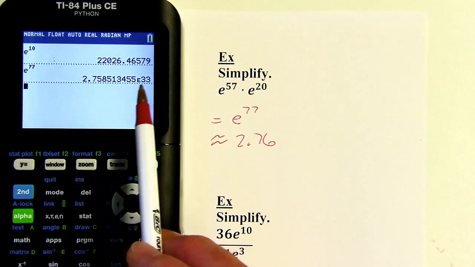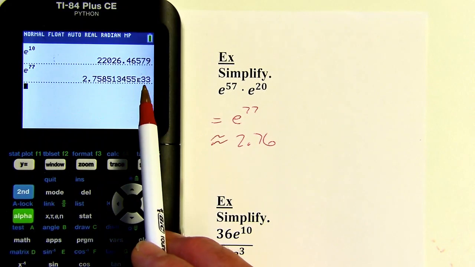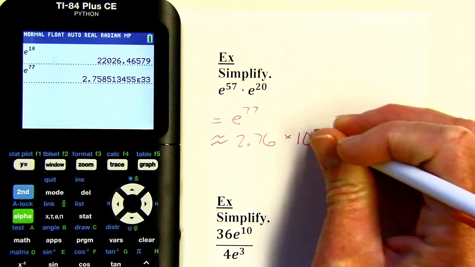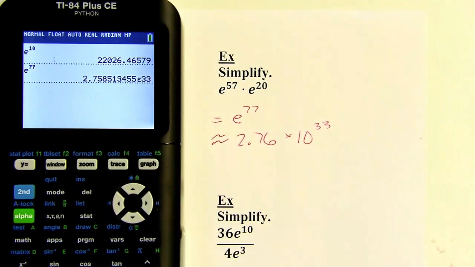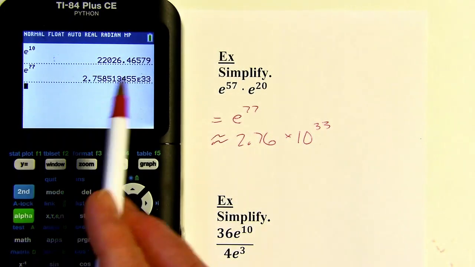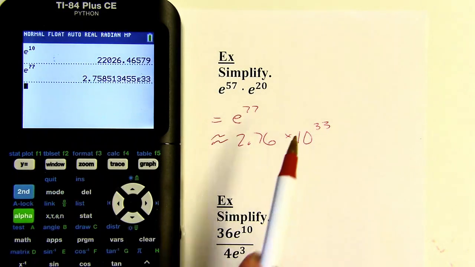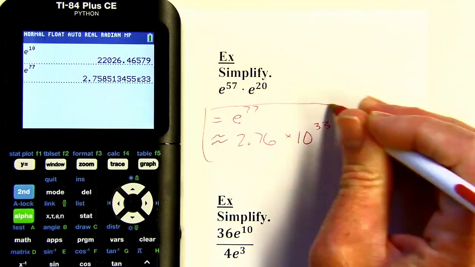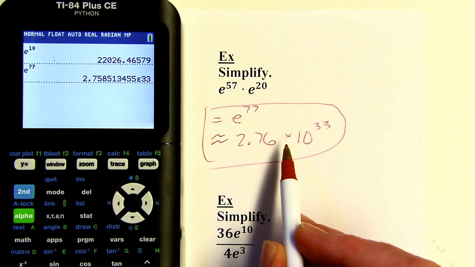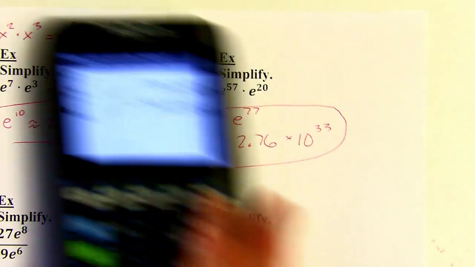All right, I've got this E33 thing here, which means we're in scientific notation, right? So this means times 10 to the 33rd, okay? So this is a very large number. So I tell my students if it shows up in scientific notation on your calculator, then you can just put the answer that way. But this means that decimal is going to be moved 33 spots to the right. So it's going to be a very large number, okay?